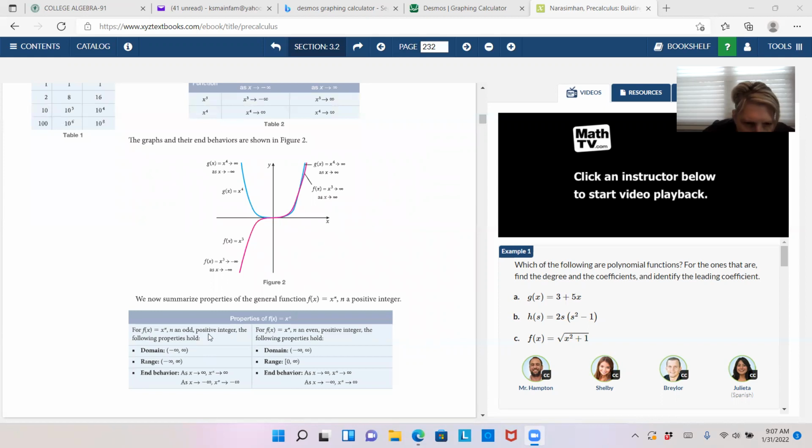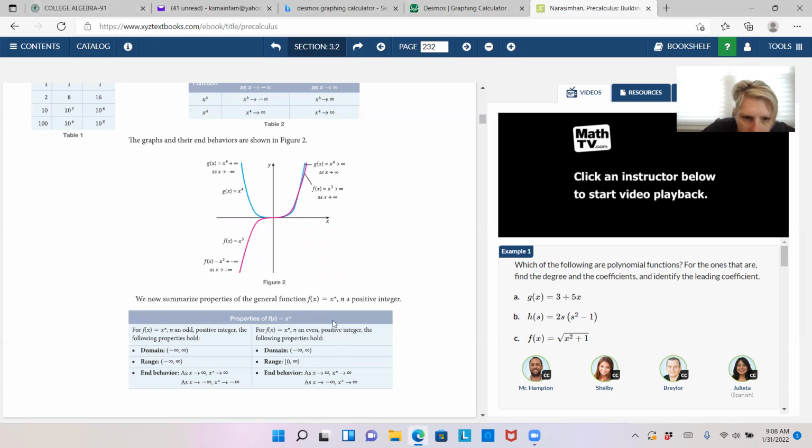So it says here, for an odd positive integer exponent, the domain is all real values, and the range is also all real values. But what's interesting about the end behavior, with an odd exponent on the highest degree, is that part of the shape of the graph is going down and part is going up. So they end in opposite behavior.